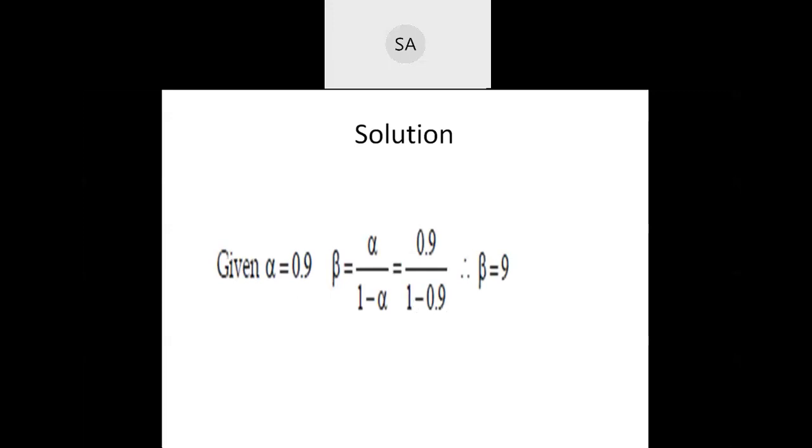Beta is equal to 0.9 by 1 minus 0.9. After calculating this value, we get beta equal to 9. So this is the beta of the transistor.